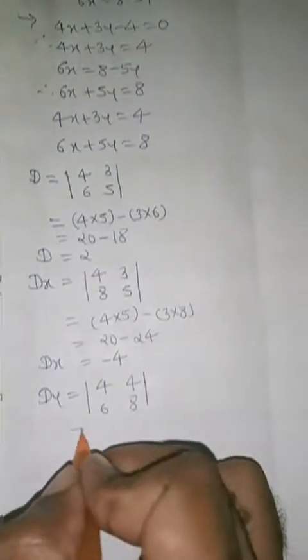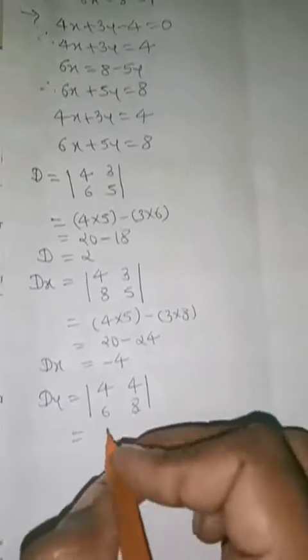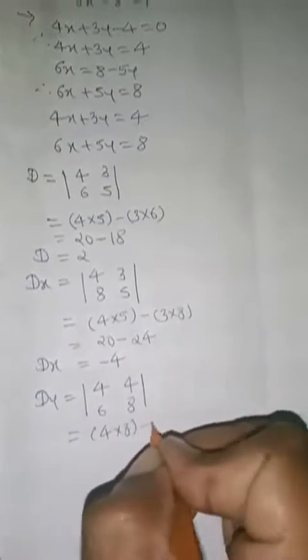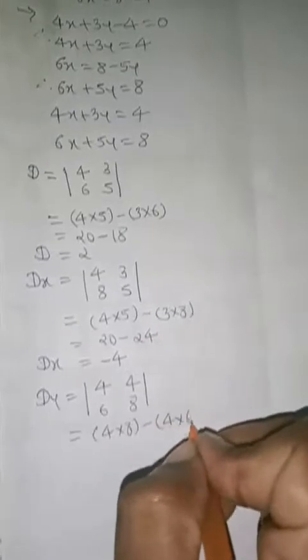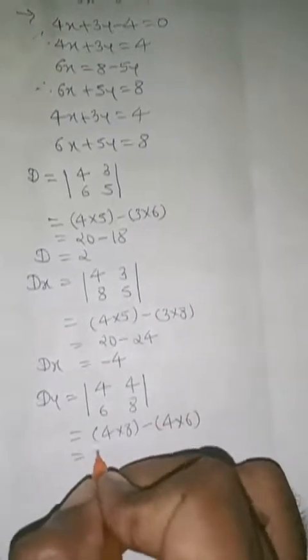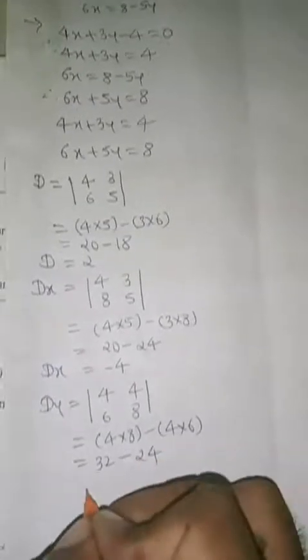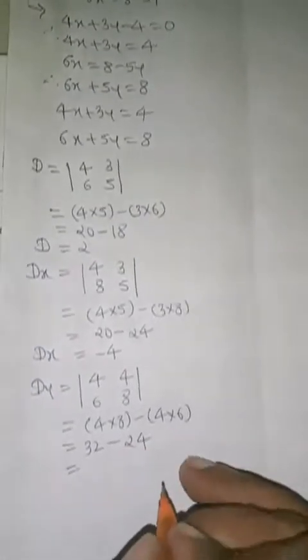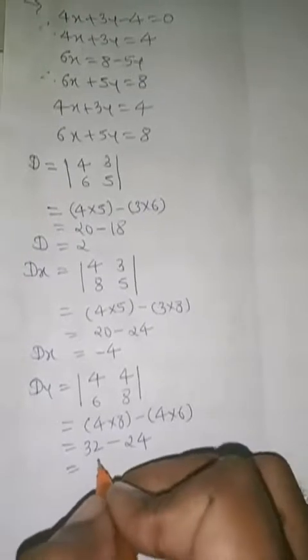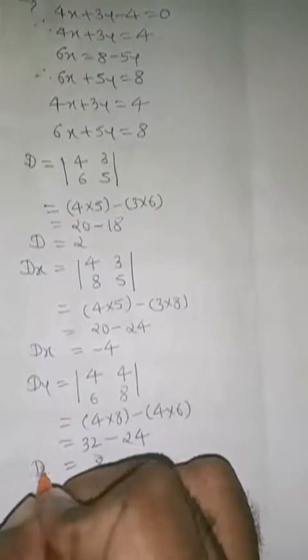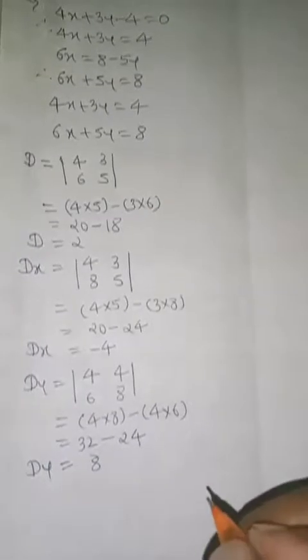Here we get the value of Dy as cross multiplication, 4 into 8 minus 4 into 6. 4 into 8 is 32 minus 24. 32 minus 24 gives 8. Dy is equal to 8.